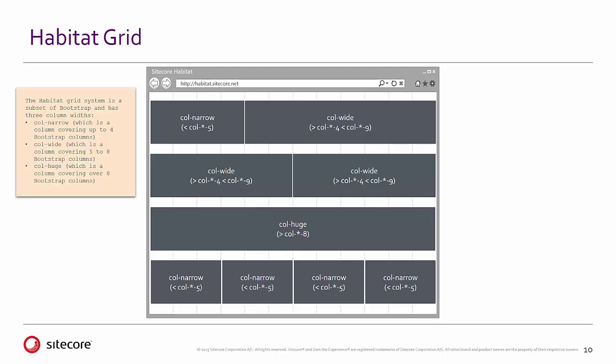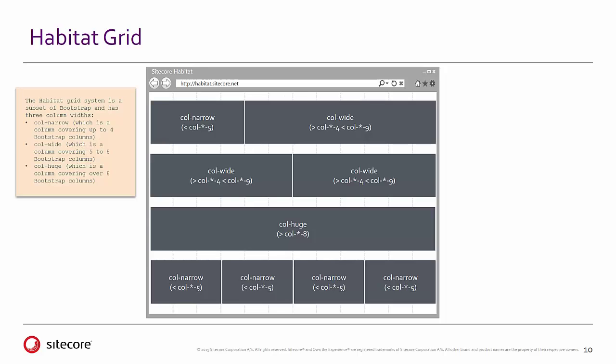But we can't drill it all the way down to 1 column, 2 column, up to 12. So we've defined 3 types of columns. There's a narrow column, which is everything less than 5 Bootstrap columns. We've got wide columns, and we've got a huge column, which is everything. And of course, the components that can be shown in different column types differ. We might not be able to show a carousel in a narrow column, for example.